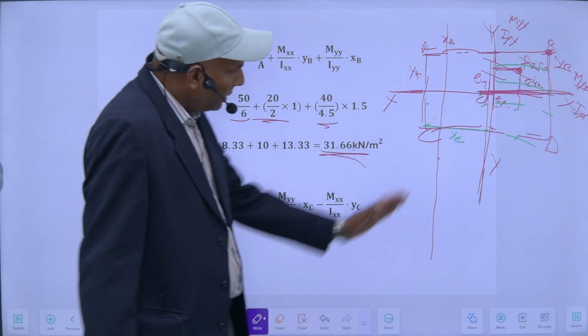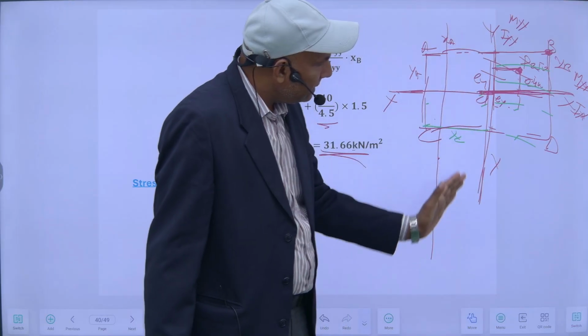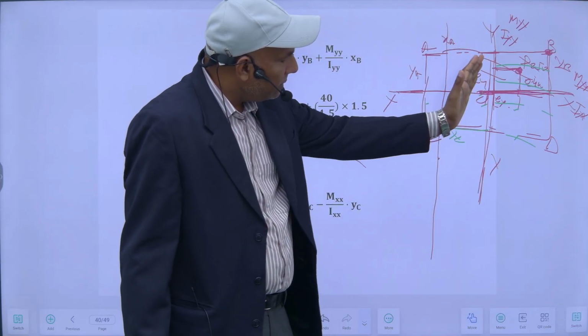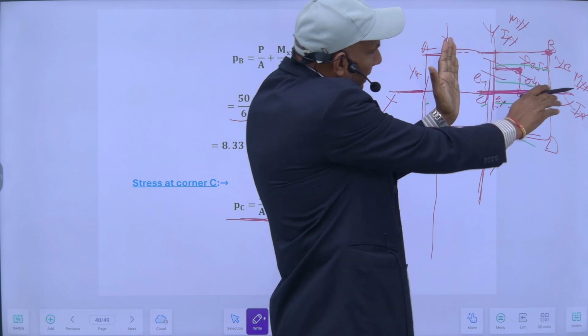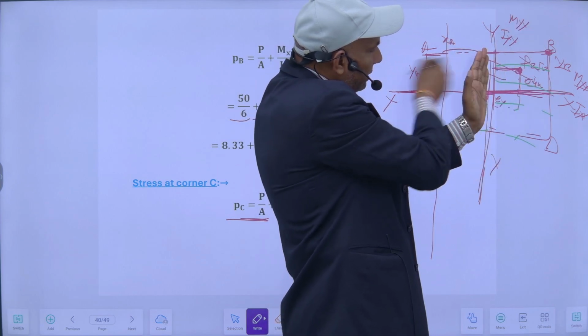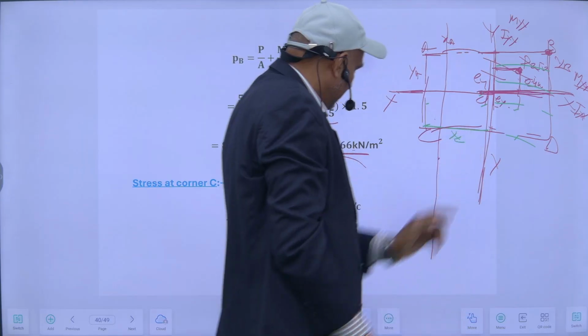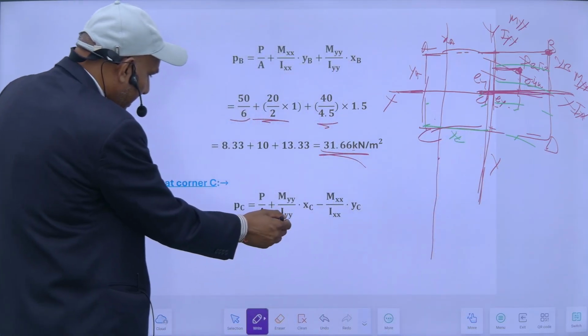And if we see along this y axis, the load effect on this side will create compression, and on this face it will create tensile, so it will be minus here.